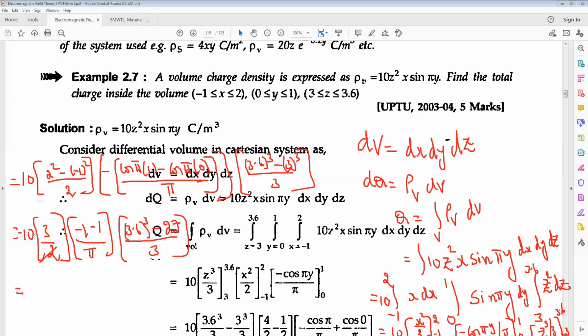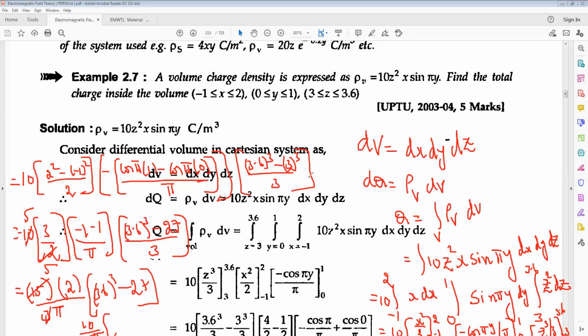That is equal to, 2 5s are 10, and 5 3s are 15. 15 into, multiply this minus here, the -2 there, plus 2 by pi, 3 pi is there, and it is 3.6 whole cube minus 27, and again it is 3 5s, and 5 2s are 10, 10 by pi, 3.6 whole cube.